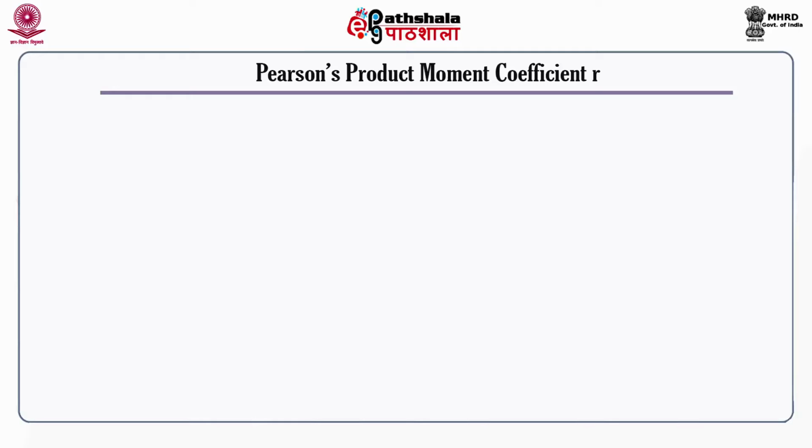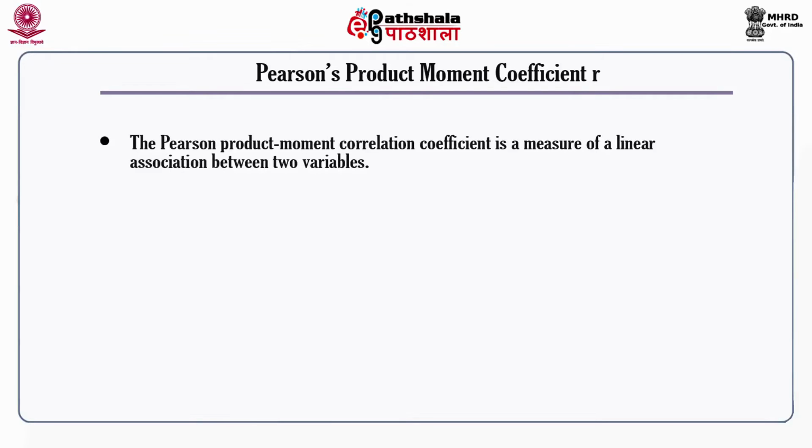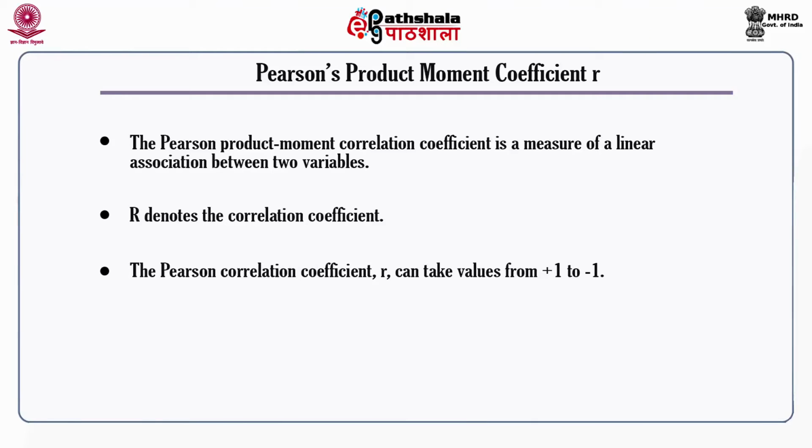Pearson's product moment coefficient r. The Pearson product moment correlation coefficient is a measure of a linear association between two variables. r denotes the correlation coefficient. The Pearson correlation coefficient r can take values from +1 to -1.